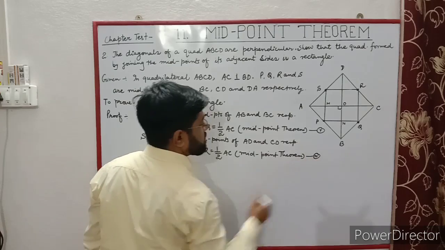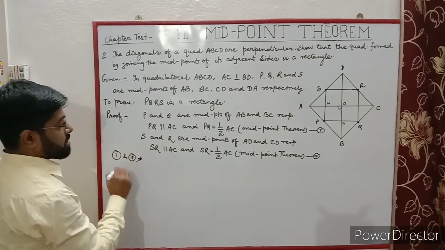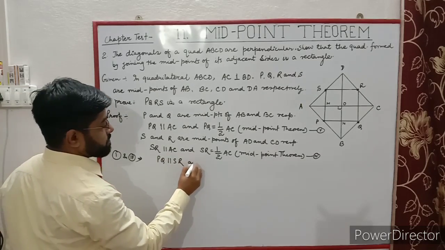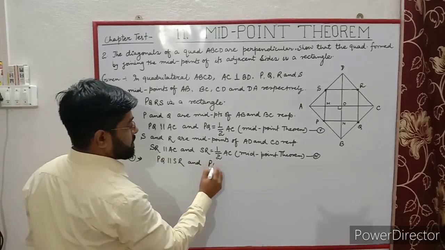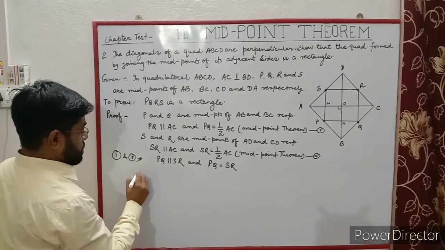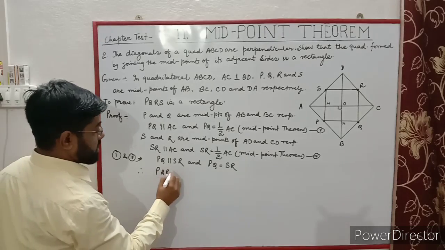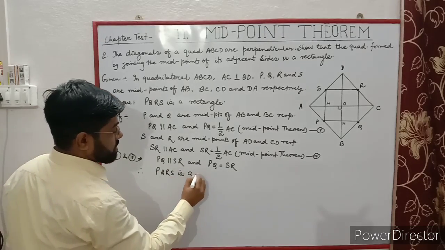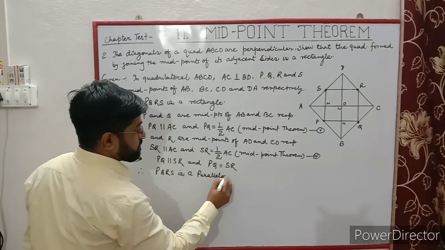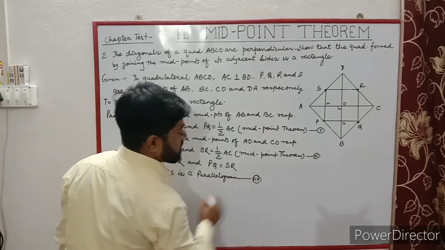We assume equation number second. From first and second, PQ is parallel to SR and PQ is equal to SR. Therefore, PQRS is a parallelogram. We assume equation number third.